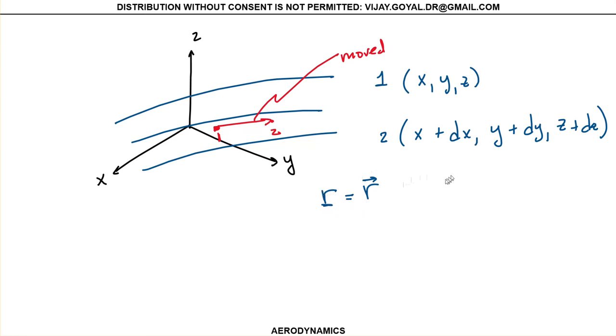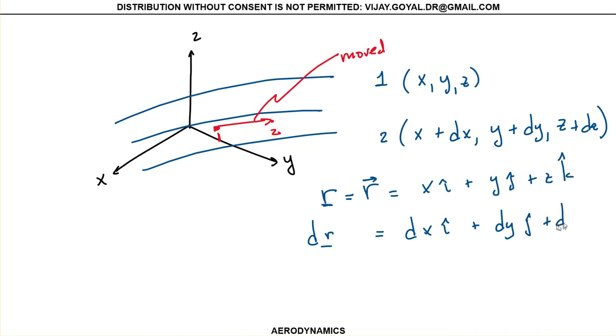That's the vector for me. It's the same thing. So it's xi plus yj plus zk. And then dr will be dx i plus dy j plus dz k. Okay.